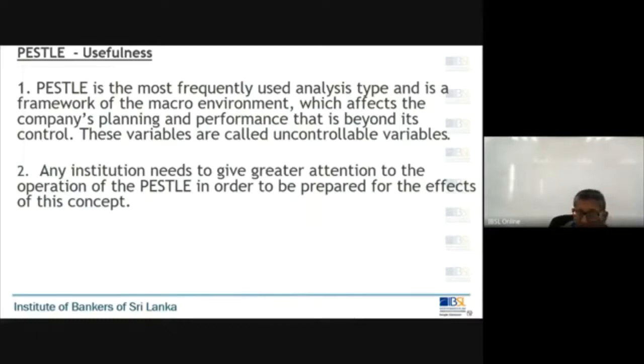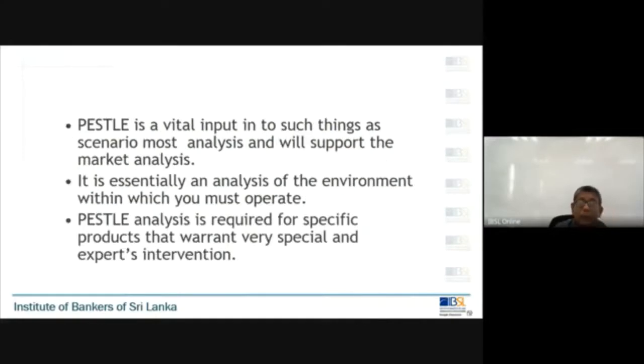Not only just to analyze the factors, we need to understand how they facilitate, or positively and negatively impact, your business. Right? So that's a very important tool. So this tool we will be discussing over and over again. But we need to look at this PESTEL analysis from a different angle.